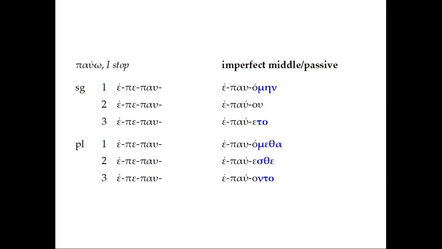These endings characteristic of the middle and passive in the imperfect. And we're actually going to add these same things onto our stem here for the pluperfect middle and passive. And the only exception, really, is the second person singular, where we are going to add a so. Sort of like the ou, that's a contracted form of the same thing.